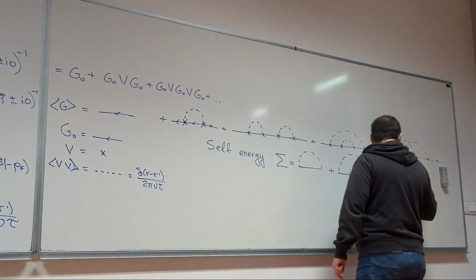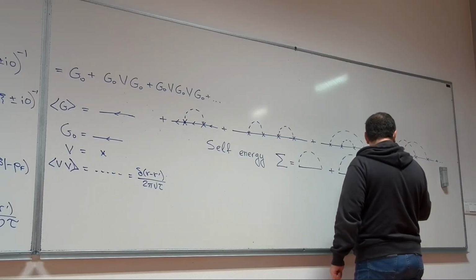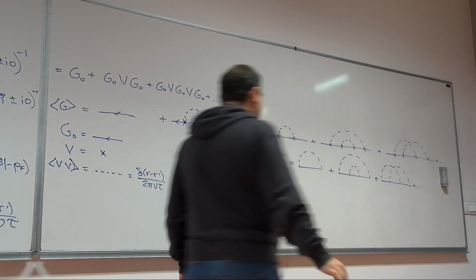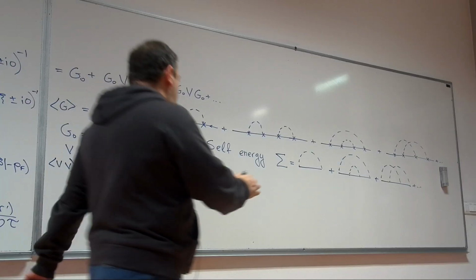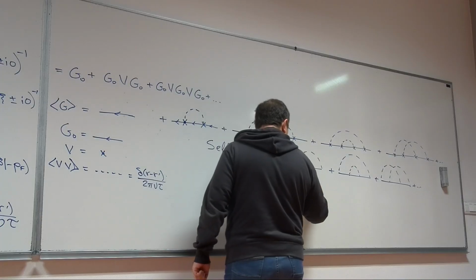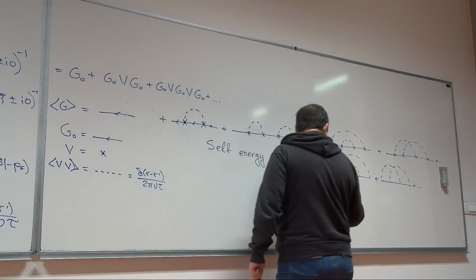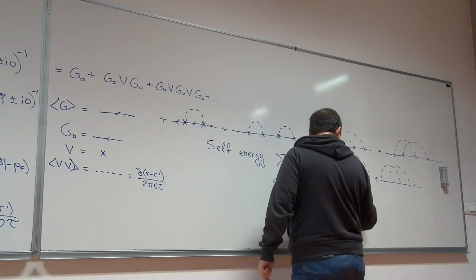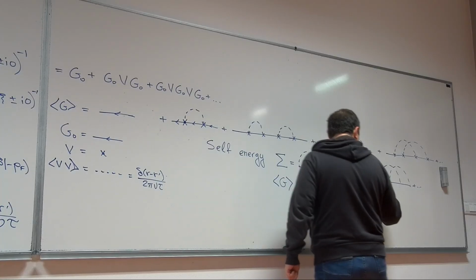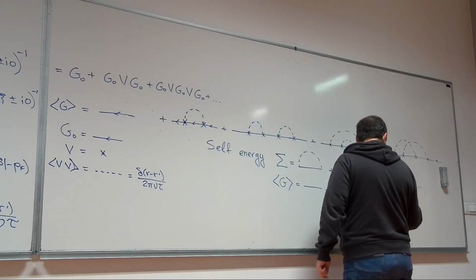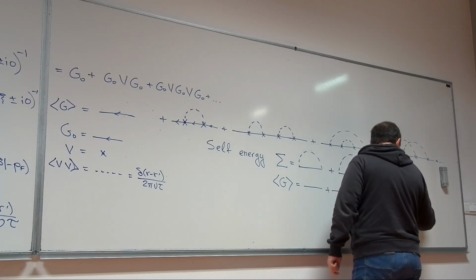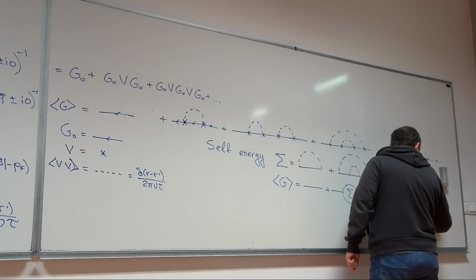plus this object, plus some other objects. And the average green function equals the usual green function, plus the usual green function with the self-energy inserted, plus the usual green function with the self-energy inserted twice, and so on.